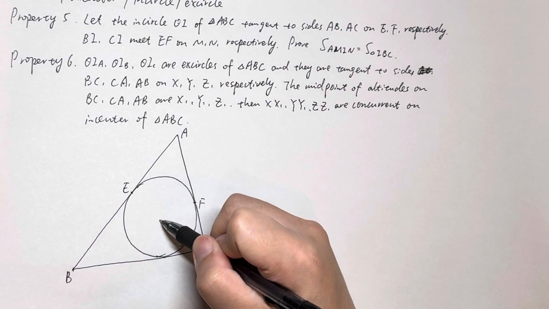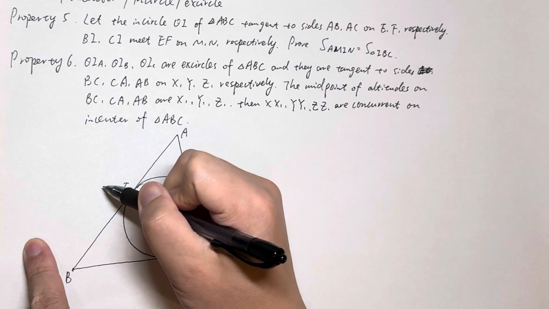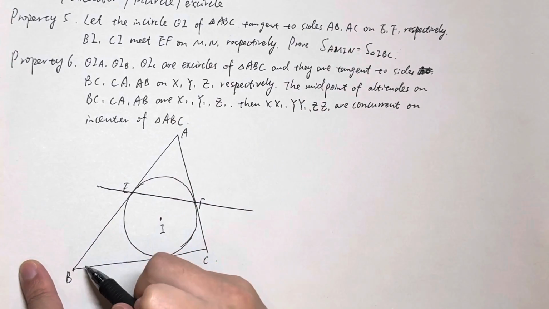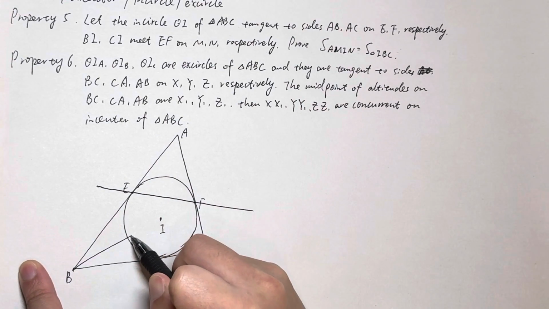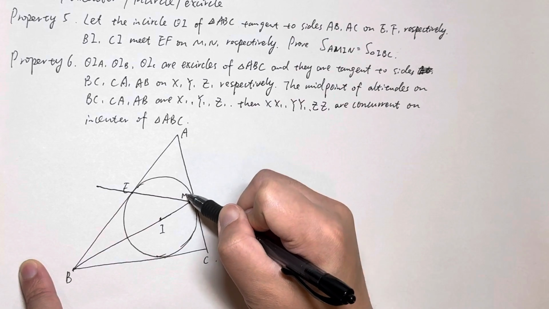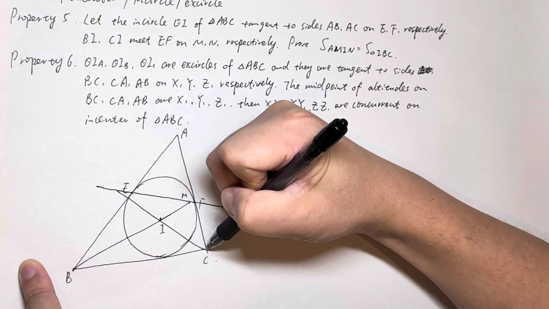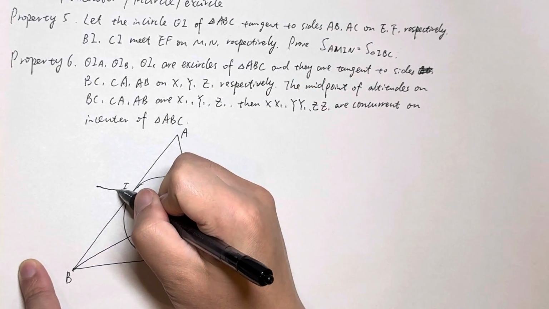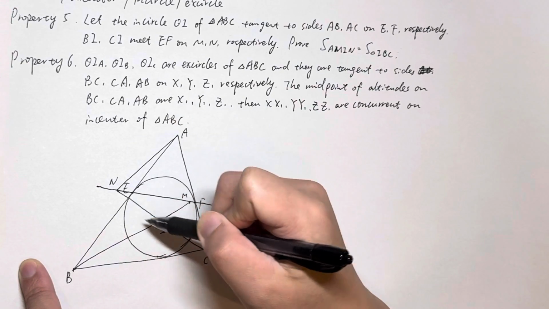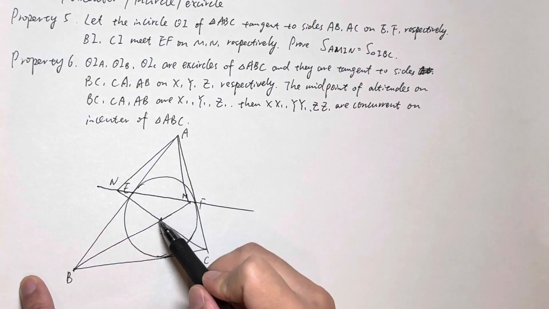And here, this would be the incenter I. We know that BI meets EF at point M, and CI meets EF at point N. So we want to prove that the area of ANIM equals the area of IBC.